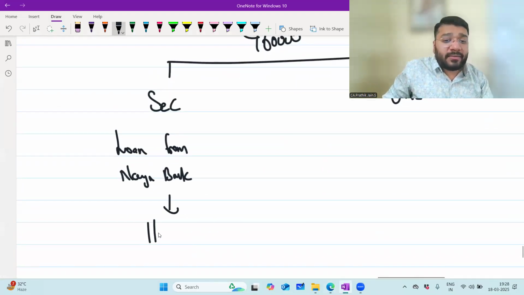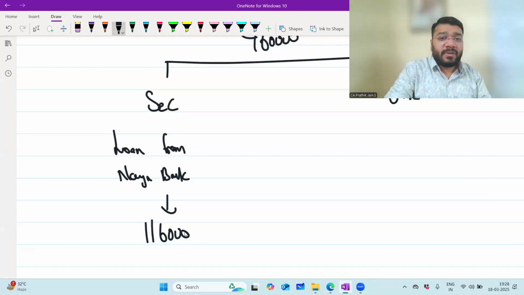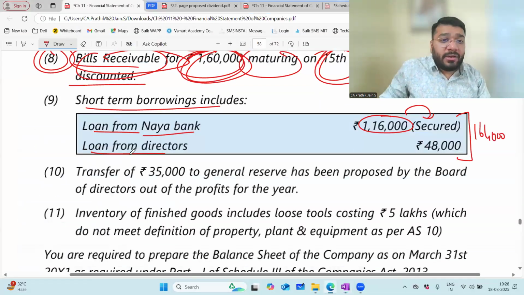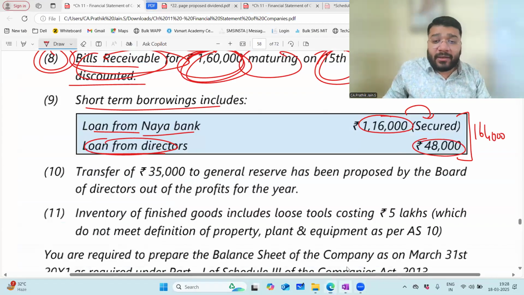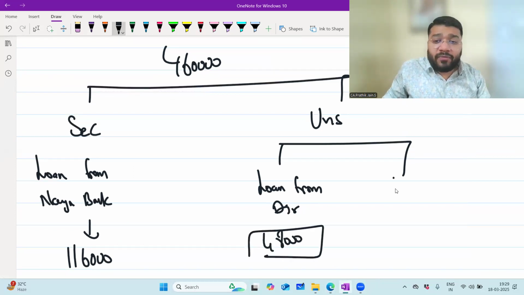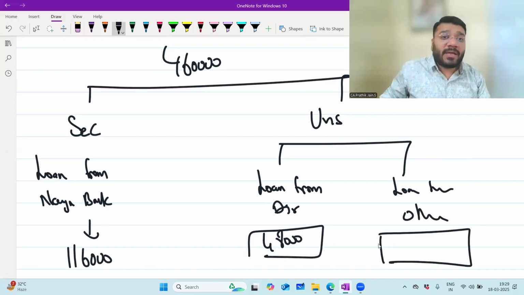In unsecured, I have two parts. One is loan from director, 48,000. And loan from others, balance. How do I get it?